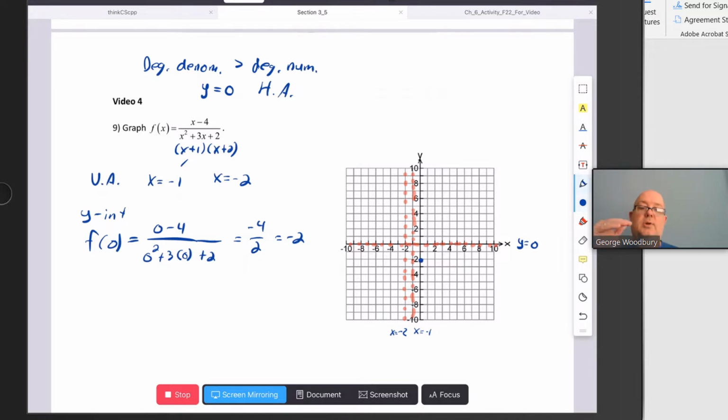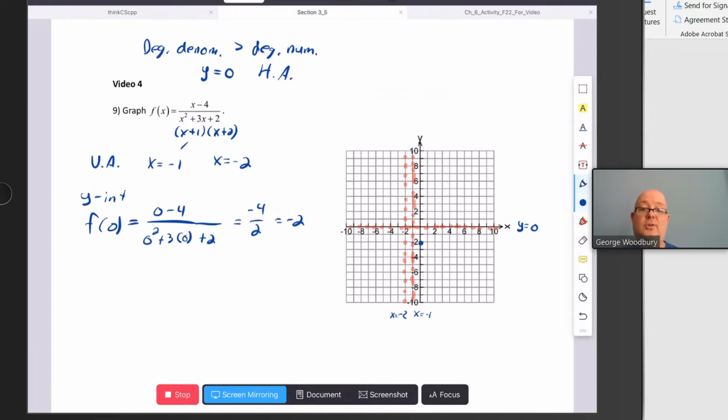And so we're starting below the horizontal asymptote. We've got to figure out, does it cross that or does it just approach it? And so here's the time to figure out if it crosses it or not. And that's by setting the function equal to 0.